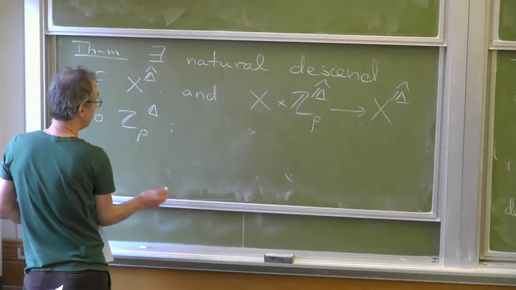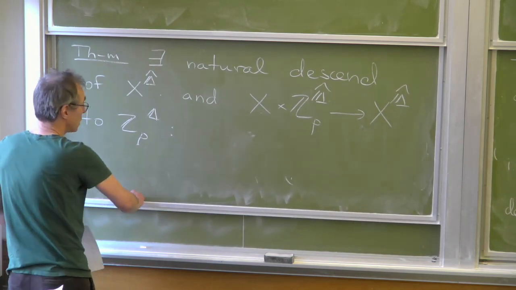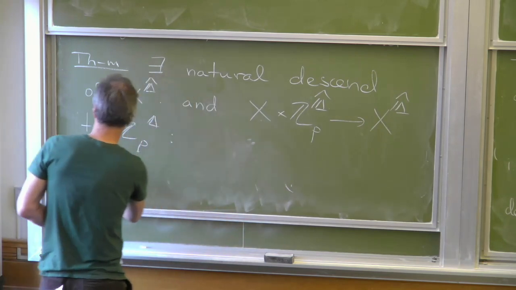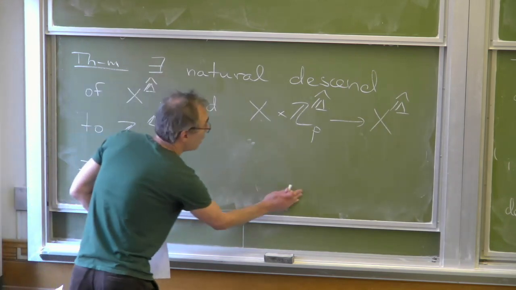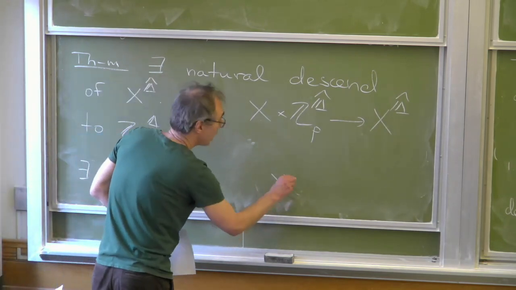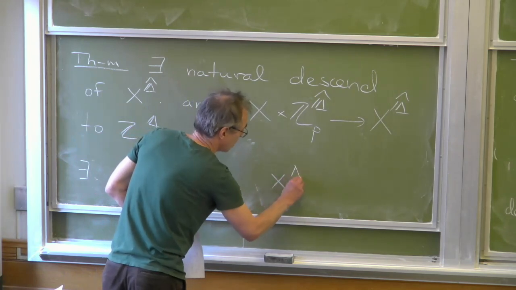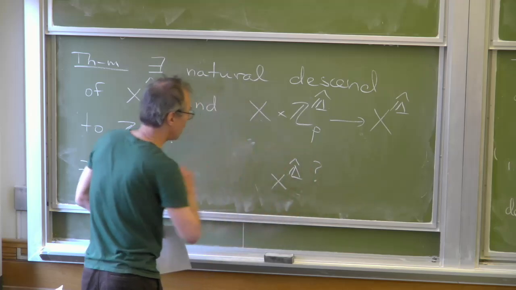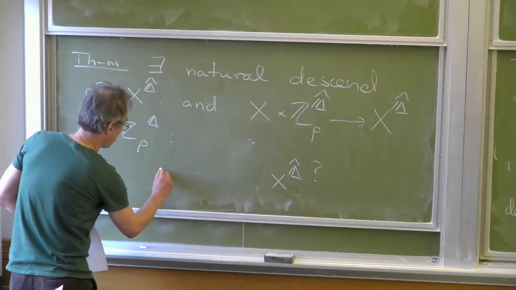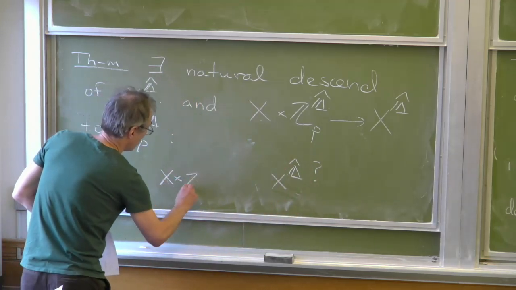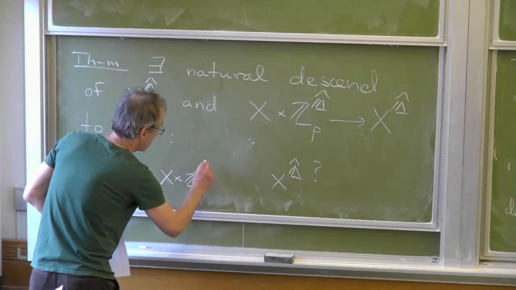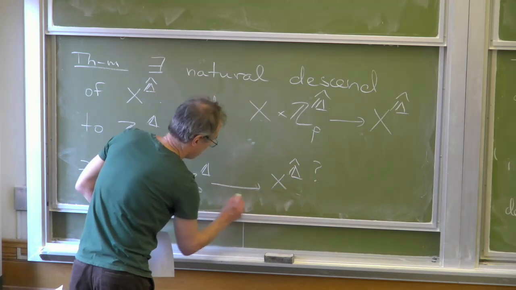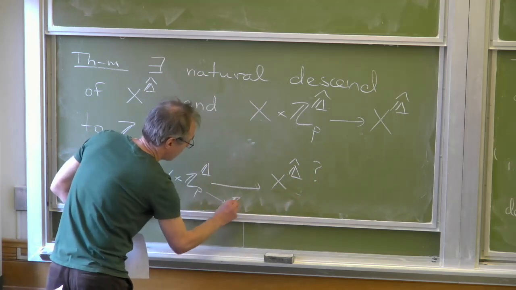This means the following. First of all, we have some stack which lives over the usual prismatization of Z_p. And we also have a map from X to Z_p. So this lives over Z_p.